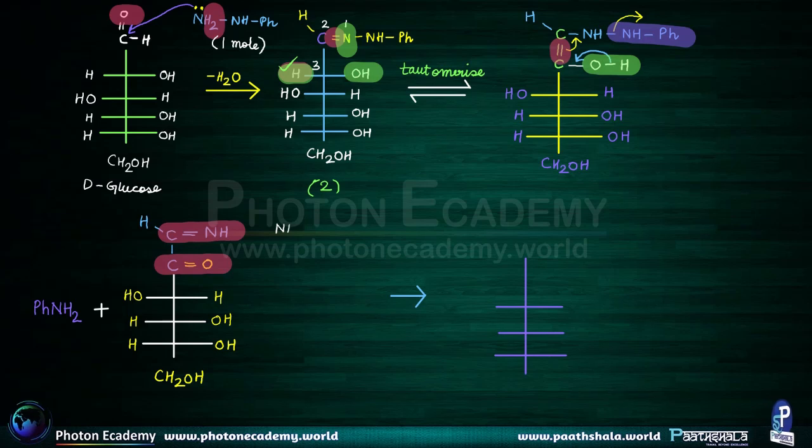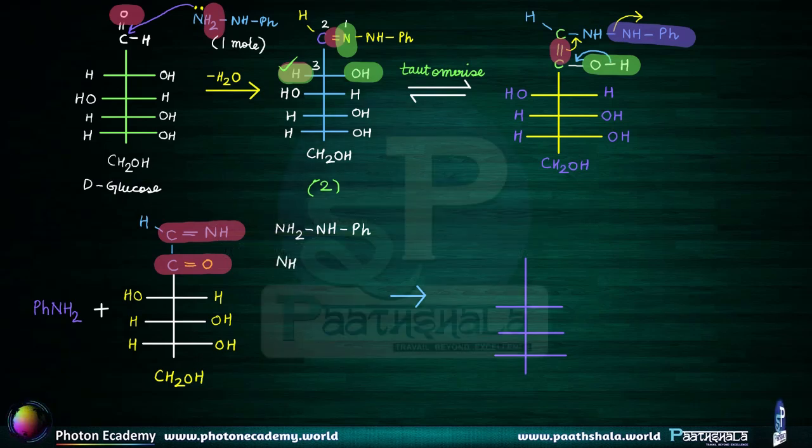So now we have NH2, NH and Ph, that is 1 mole of hydrogen over here, and this other double bond will get another mole of hydrogen. So we have 2 moles of hydrogen over here. We can clearly see that we have used all the moles of hydrogen which were provided to us, that is 3 moles of hydrogen.